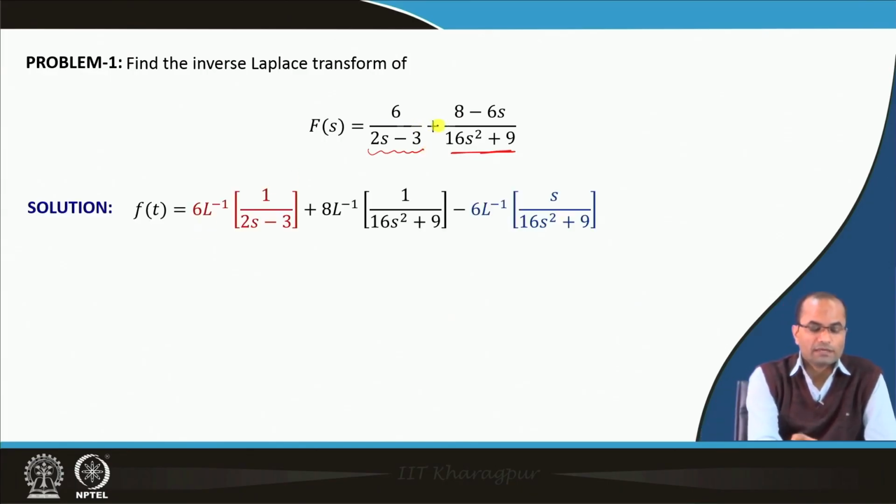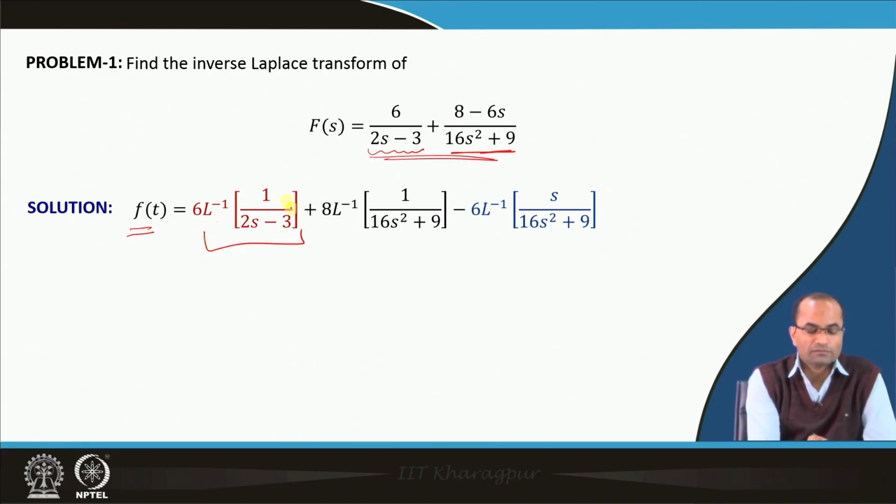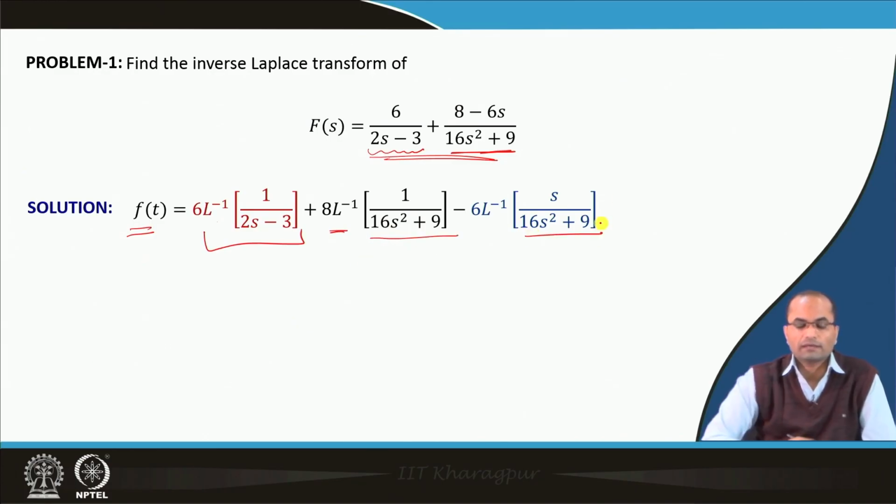We can use the linearity property, taking the inverse Laplace transform on both sides. We have the inverse Laplace of 1 over (2s minus 3), then the inverse Laplace of 1 over (16s squared plus 9), and then the inverse Laplace of s over (16s squared plus 9).